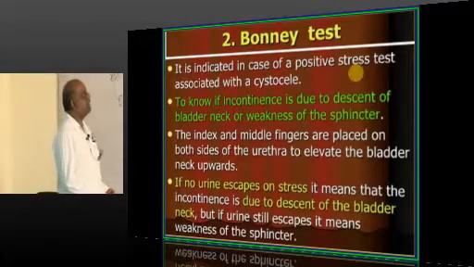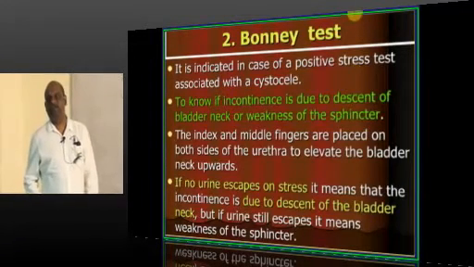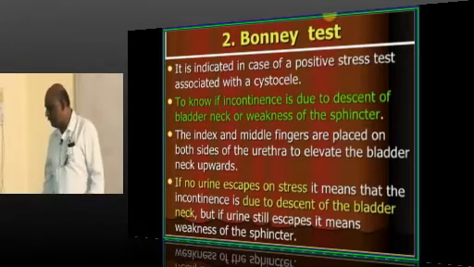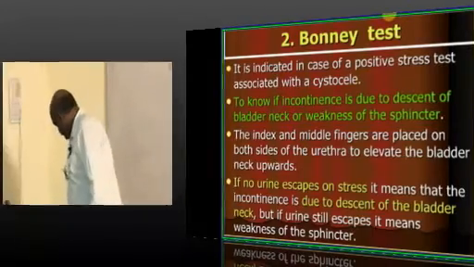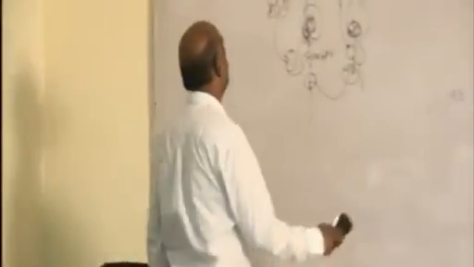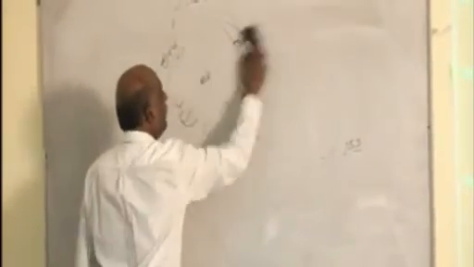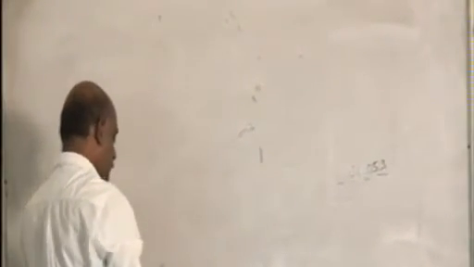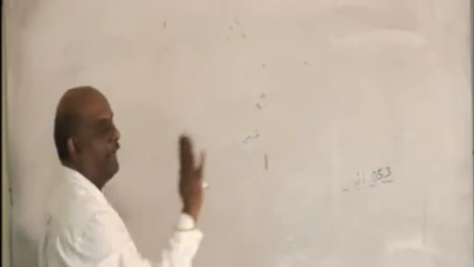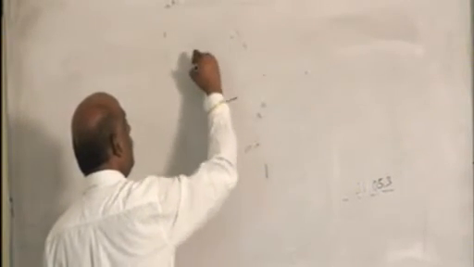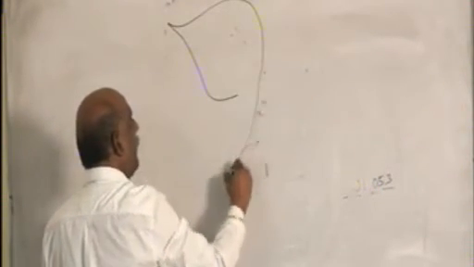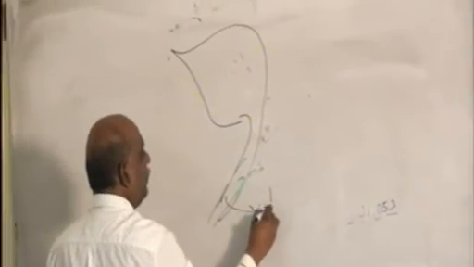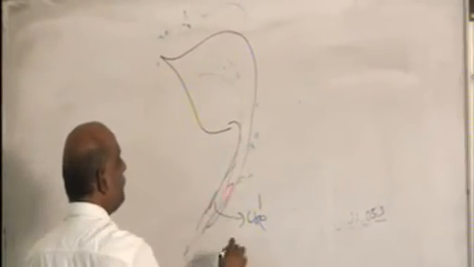Stress incontinence. What is stress incontinence fundamentally? You have got a bladder neck. Give me the board, please. So if you take a lateral view, doctor, you are having a bladder which is descending down to form a urethra through which the urine will pass.